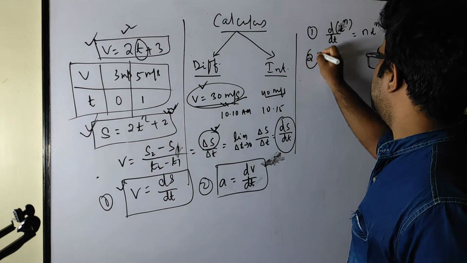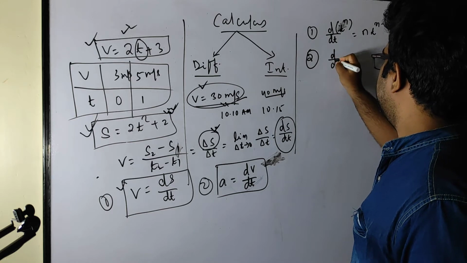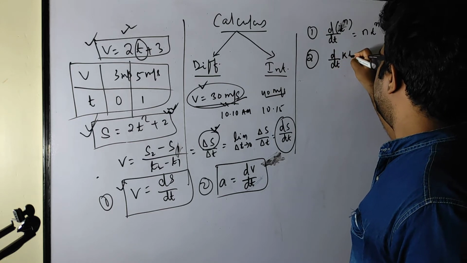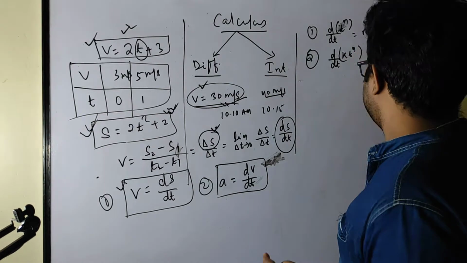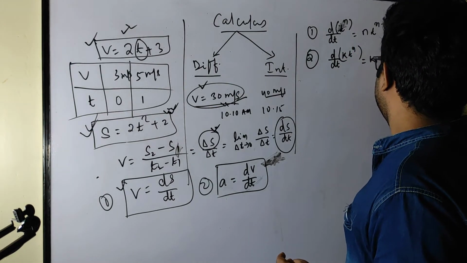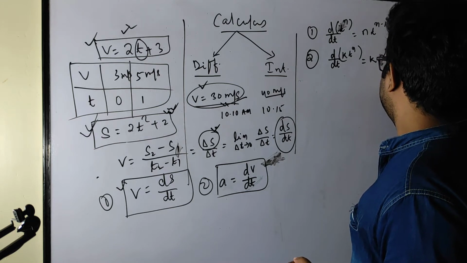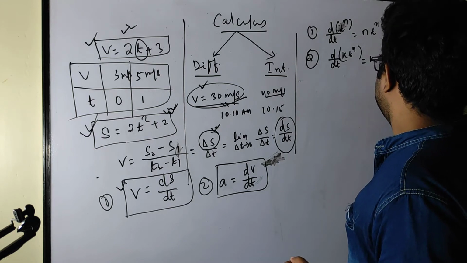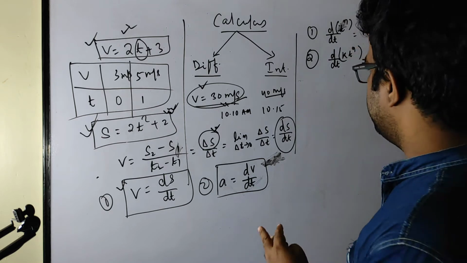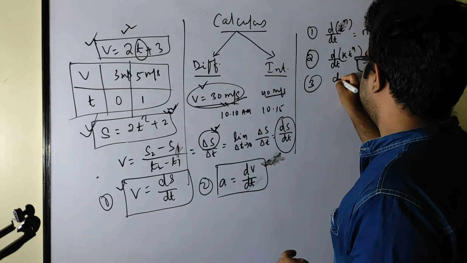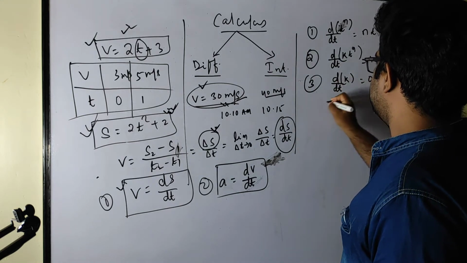Second formula: if a constant is multiplied with t to the power n, then the constant comes outside the differentiation, that is k into d by dt of t to the power n, where you use the first formula again. Then the third formula: d by dt of k is 0.